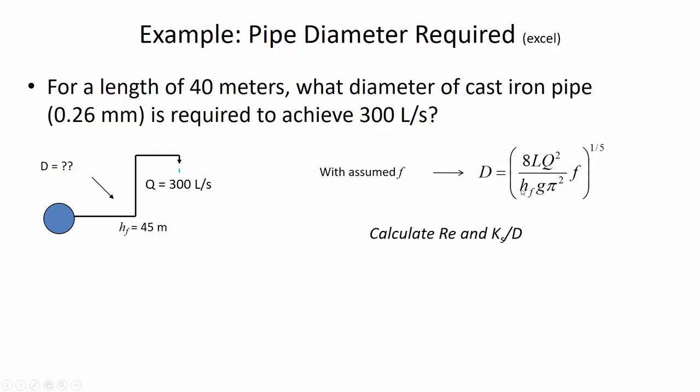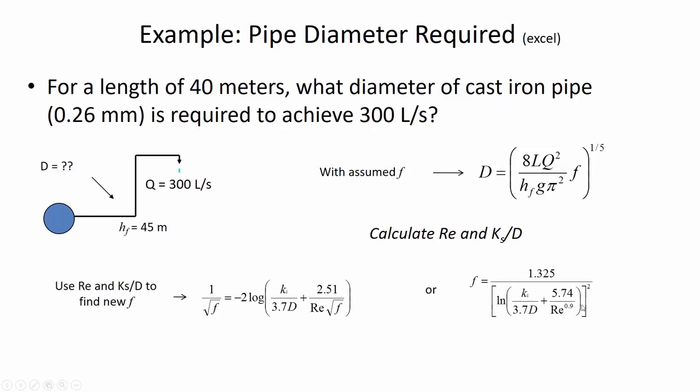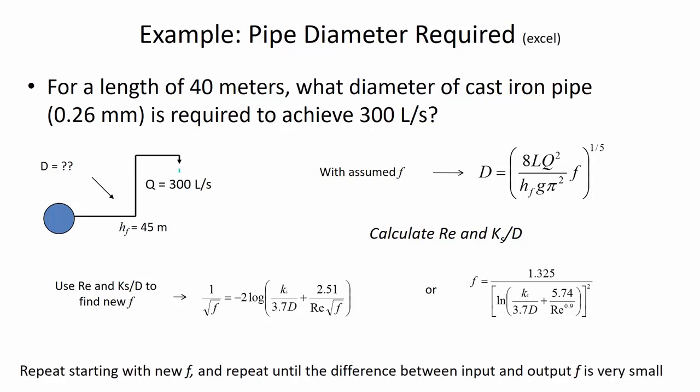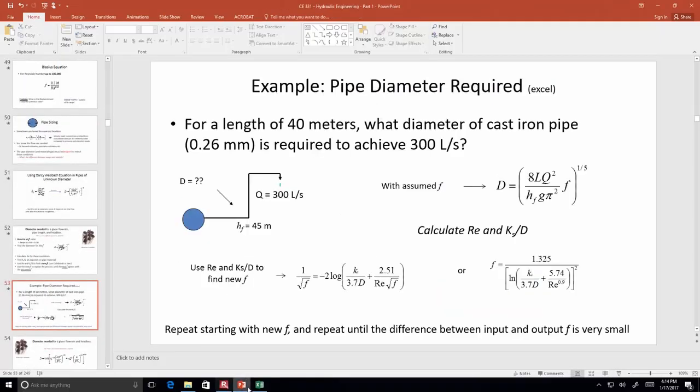Then with this calculated D, we find the Reynolds number and the relative roughness, and have the Jain equation tell us a new and improved value of F, then go back into this formula and get the new diameter based on our improved guess value for F. Keep repeating until there's convergence, meaning there's no more change in the F values.